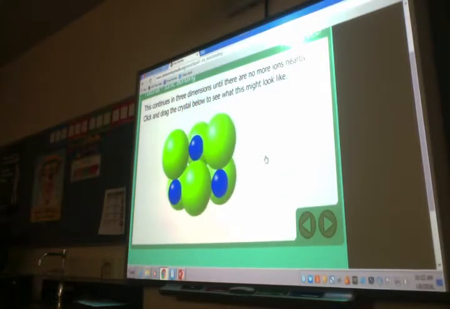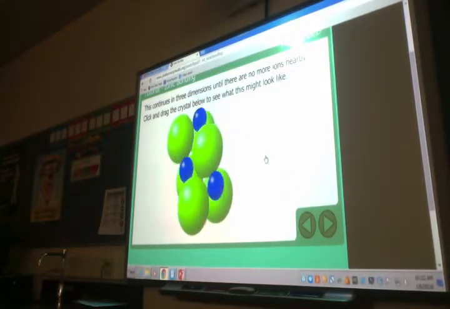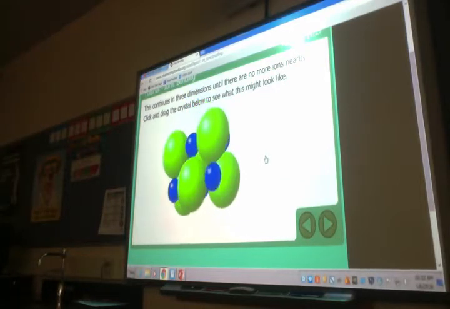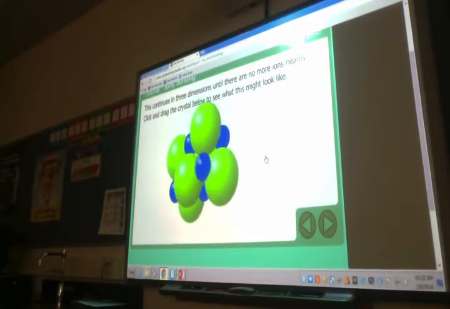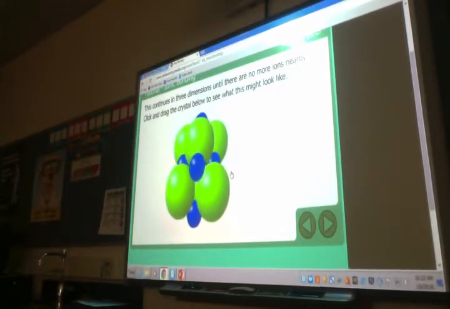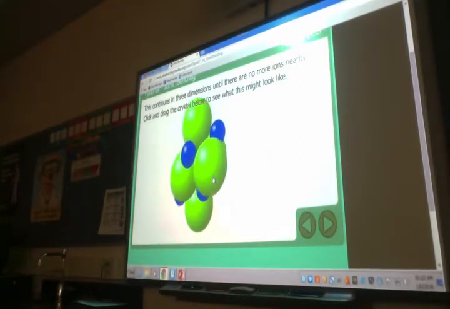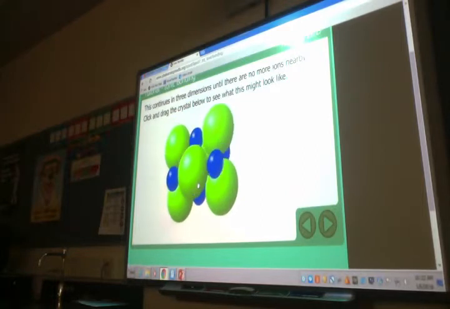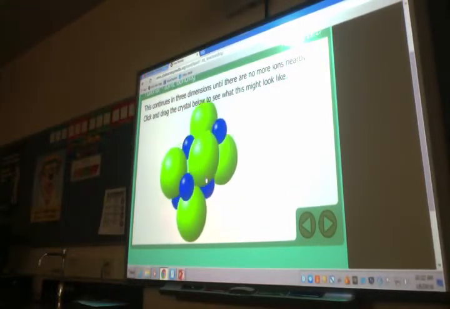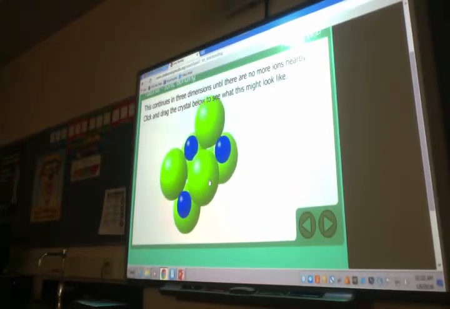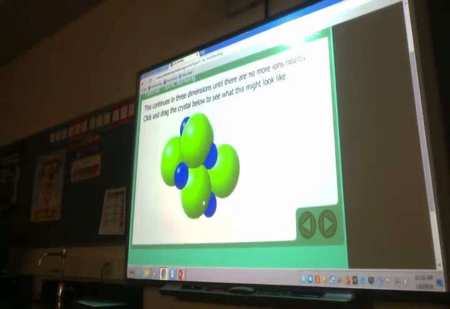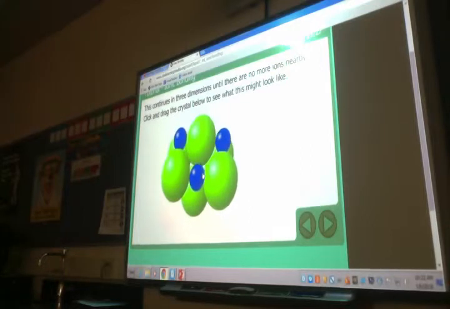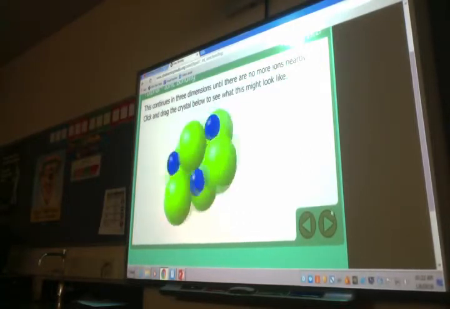It forms this repeating pattern of millions and billions and trillions and quadrillions, and you have to look at mole numbers here. It's like hextillions of Nas and Cls get bonded together just to make one kind of salt cube. And because there are so many of these bonded together like this, that's what gives it its incredibly high melting point. That's why ionic compounds like this have really strong and really high melting points, because it takes a lot to kind of shake that out of formation.